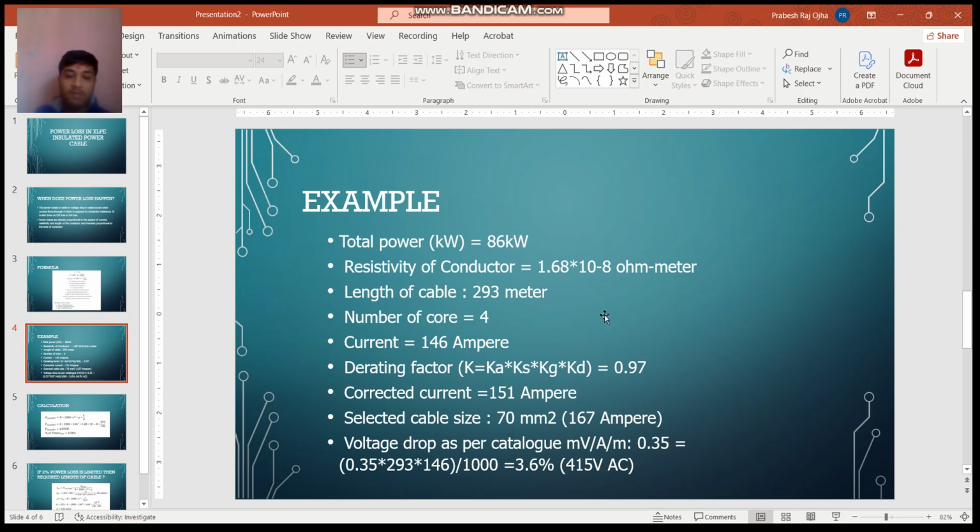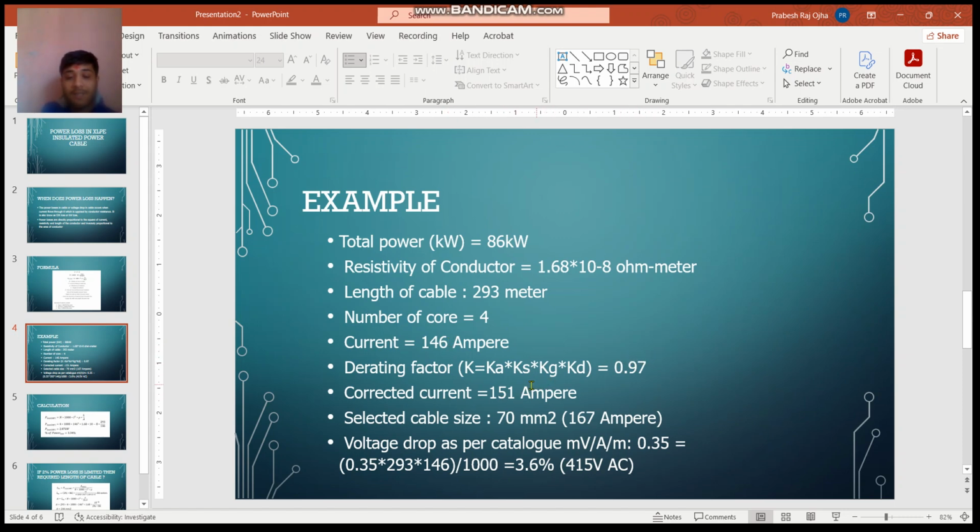Its current in normal condition was 146 ampere, and the derating factor, considering the depth of laying, ground temperature, soil resistivity, and ambient temperature, came to be 0.97, and corrected current is 151. How did it come? Normal current 146 divided by 0.97.